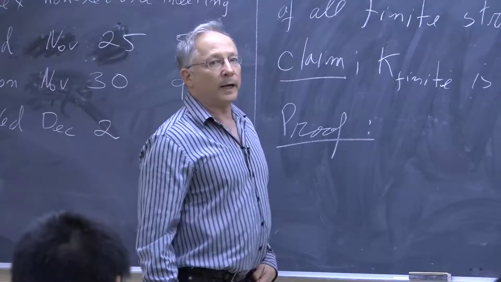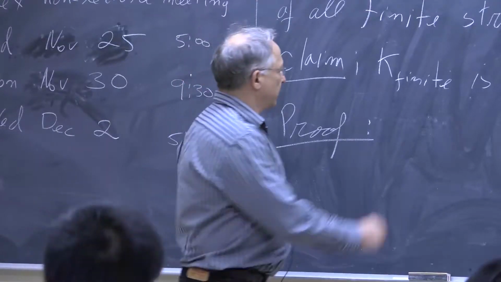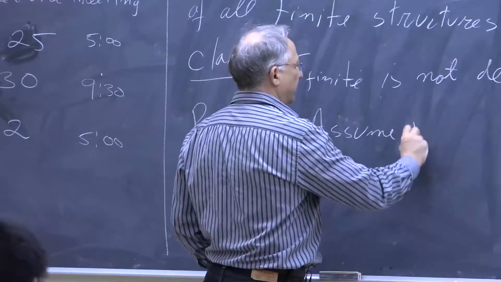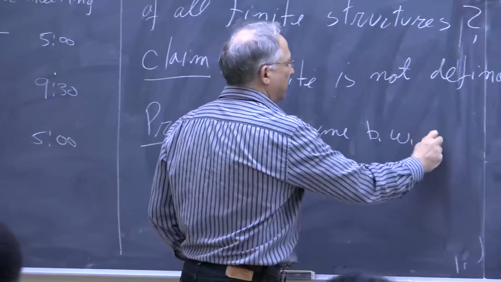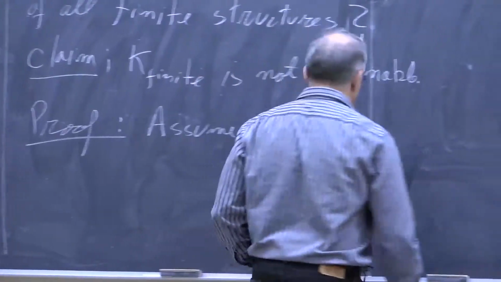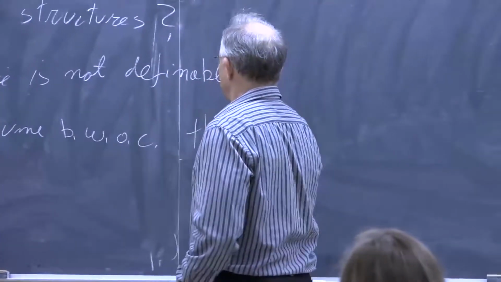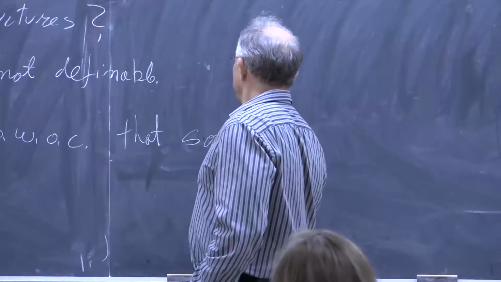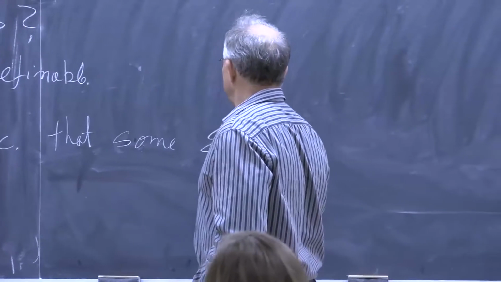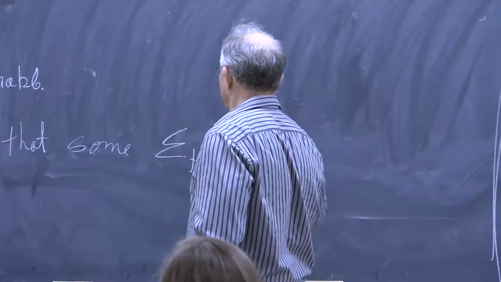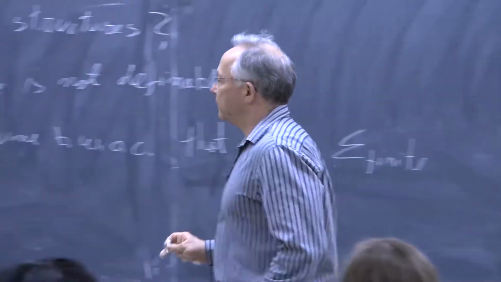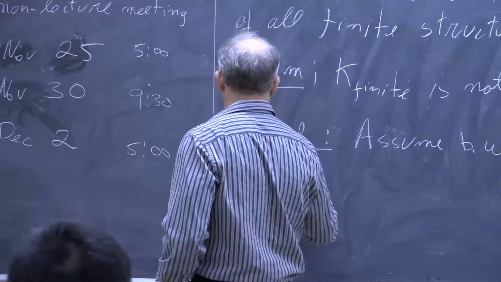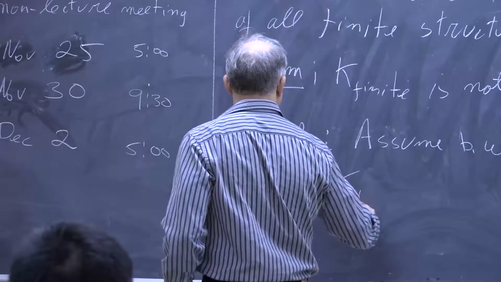So we will argue by contradiction. Assume by way of contradiction that some sigma finite defines K finite.